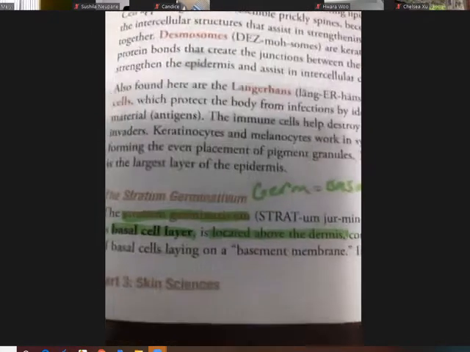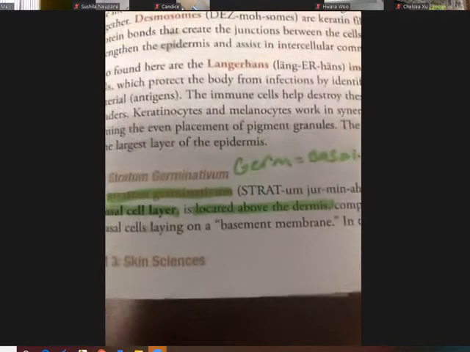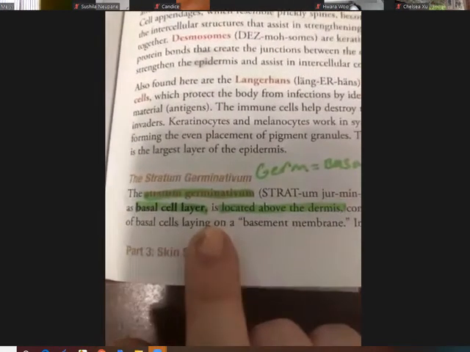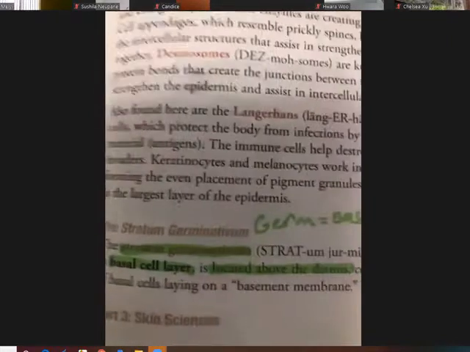The basal cell layer is where new skin cells are produced. You can see here the stratum germinativum is where everything starts to germinate. Basal means the base layer, so this is where the skin regenerates and all new cells grow.